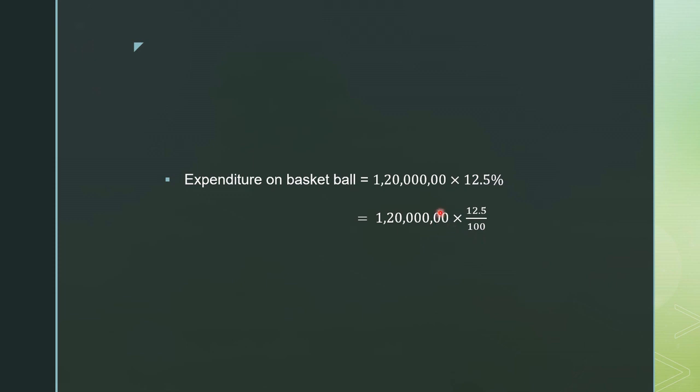If we cancel this 20 by this 20, then what we get is 120,000 into 12.5. So what is the option? That is 15 lakh. So rupees 15 lakh is spent on basketball. So the right option is 15 lakh. Okay. So next question.